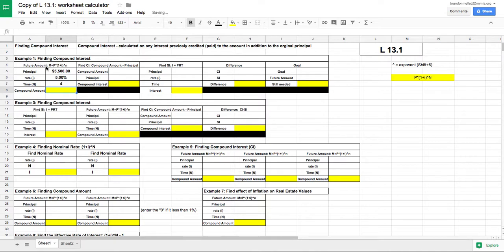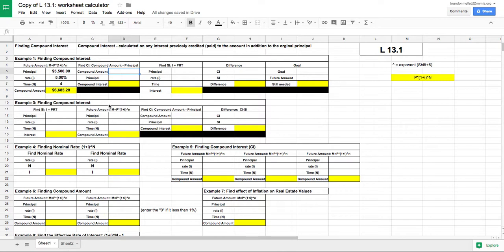So we're going to use our formula, which is located right up here. We know it equals principal times (1 plus i) in parentheses, with an exponent, which is shift 6, and n, which is our time. Enter. So over a period of 4 years, at this rate, at this principal amount, it would be $6,685.